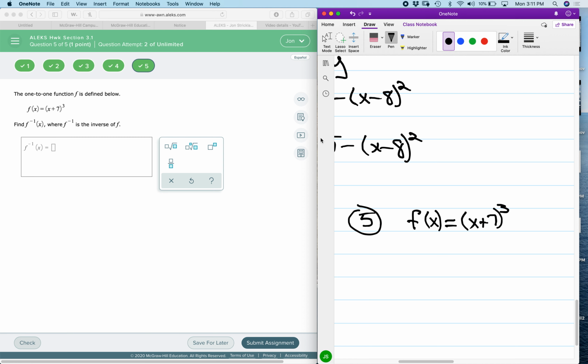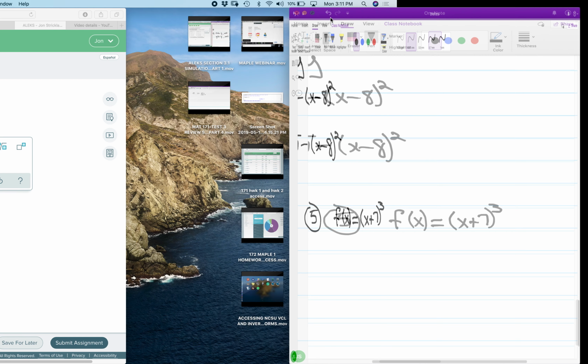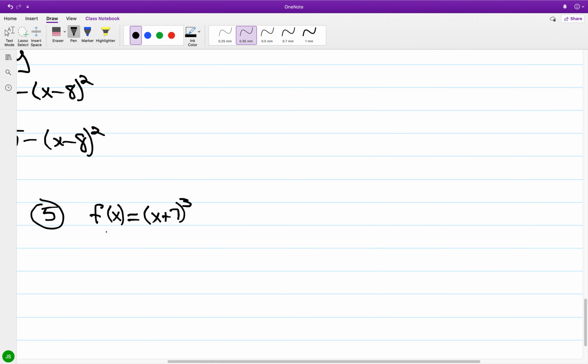All right, if we look for the inverse, again, f of x is functional notation for what we say is going to be y. And here we have that y is equal to the cube of x plus 7. If we interchange the x and the y and solve for y, this newfound y is going to be the inverse function of f of x.